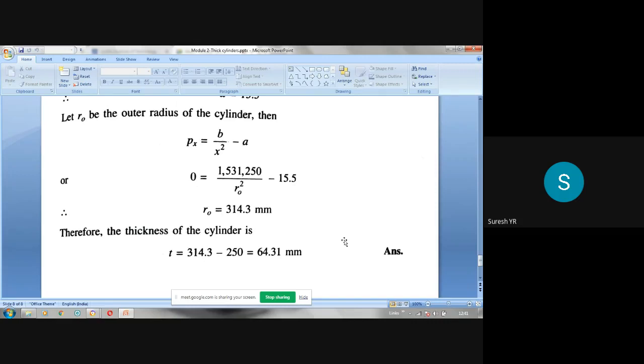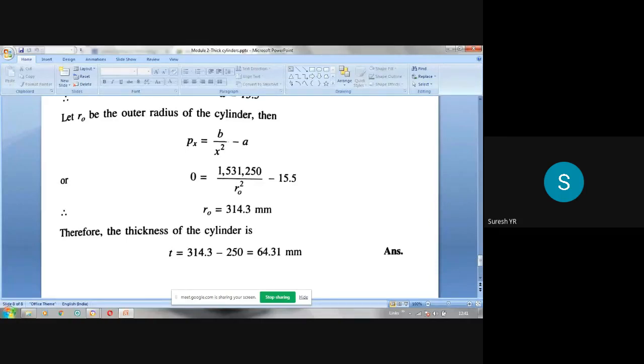Otherwise, that x value you can assume yourself. Starting value will be 150, ending value will be 200. Once you know the inner radius and the outer radius, the minimum and maximum x values are known. That range you can divide into equal intervals and find out the values. This is what I wanted to explain to you today.